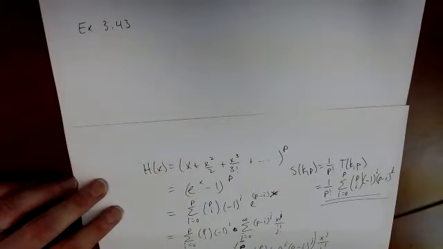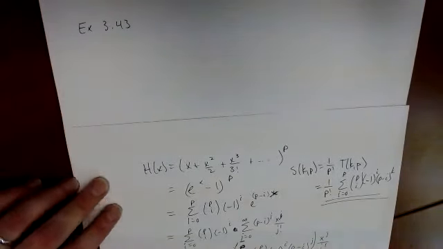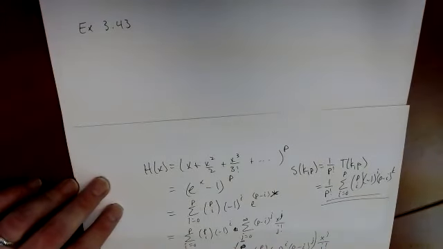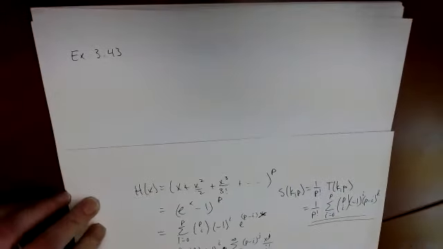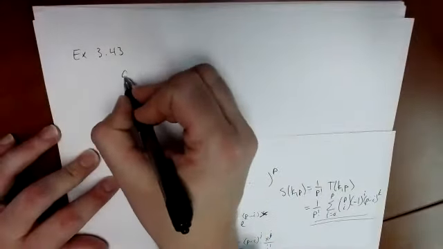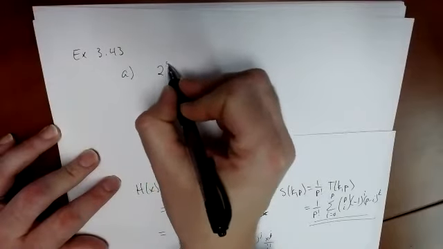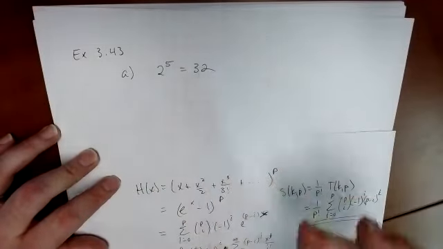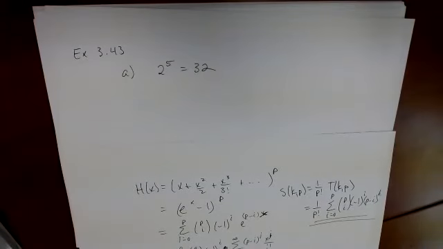Use 2 methods to count how many ways there are to choose in order. This is a problem where there's no good reason to use exponential generating functions, except for the fact that we were asked to use 2 methods. So after we say for A, 2 to the 5th equals 32, right? Because I have 2 choices and 5 places and order matters.